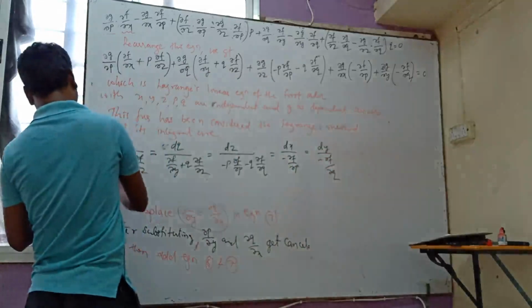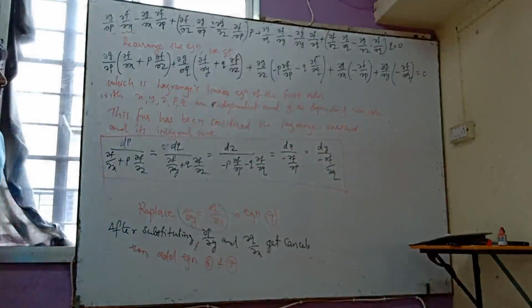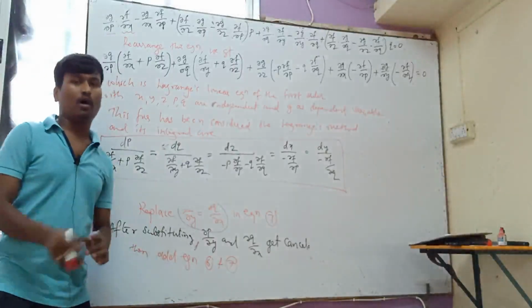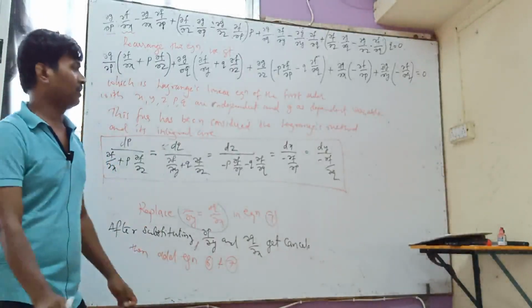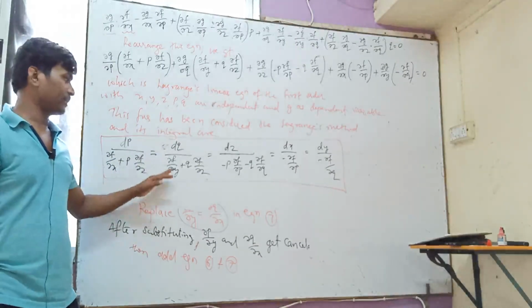This is the final method to find the general equation of the first order partial differential equation by using the Charpit's method.